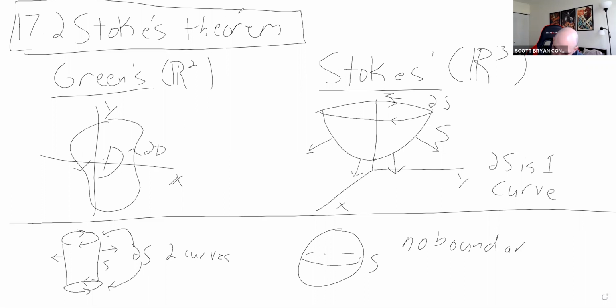So if you're a closed surface, you have no boundary. So our boundaries in R3 of our surfaces can consist of one curve, like this first guy here, or two curves or three curves or four curves, and so on.